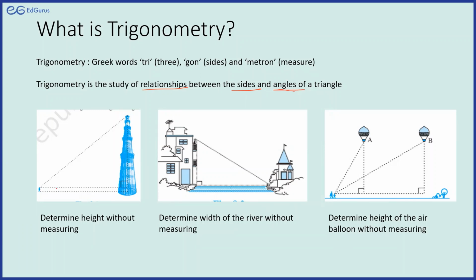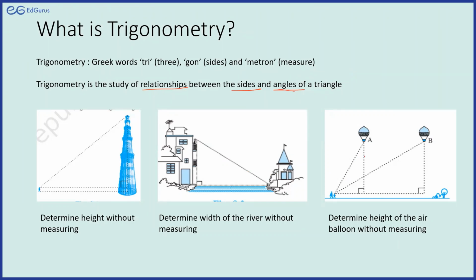Okay, so if you know your distance from the top and you know the distance from the bottom, or you know the distance from the bottom and you know this angle, you can come up with the height. Same way, determine the width of the river without really measuring it. You can determine this width if you know this hypotenuse, or if you know the height of the house, you know the angle, you can determine the width.